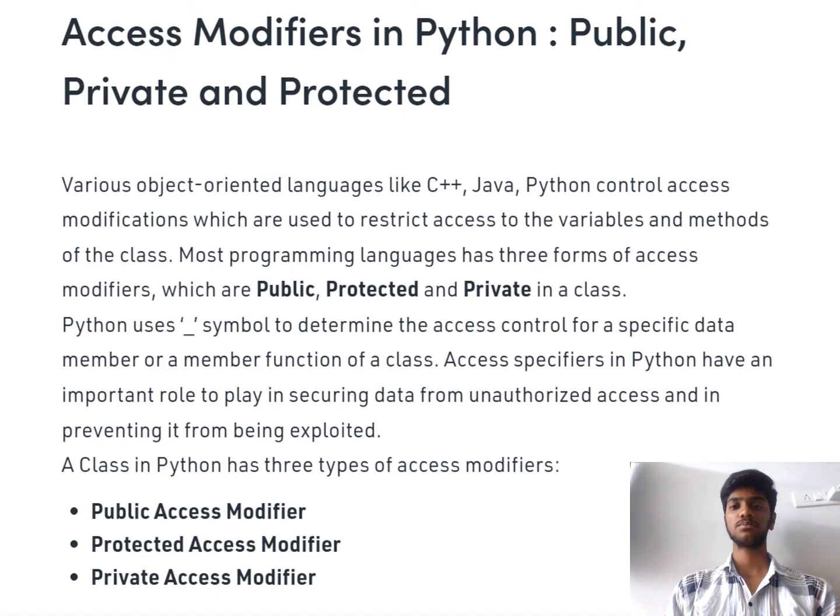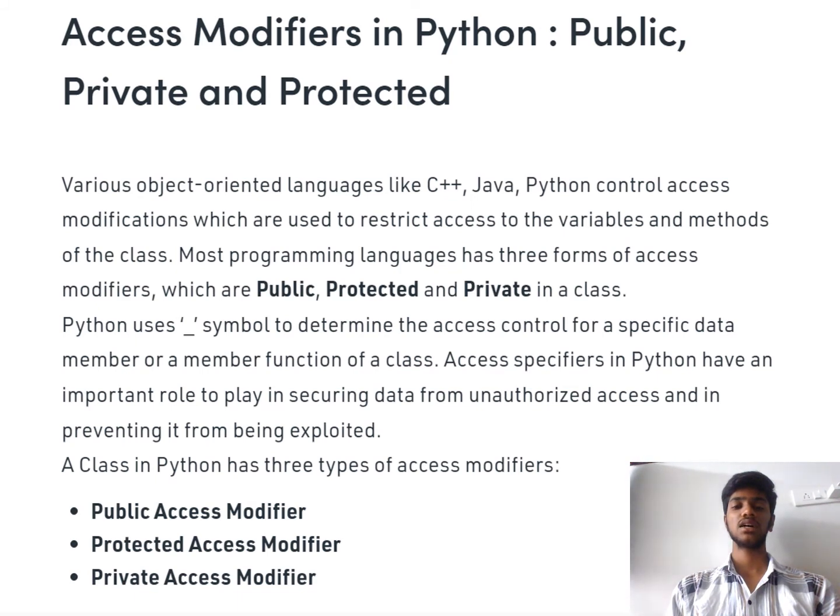Access modifiers in Python: public, private, and protected. Various object-oriented languages like C++, Java, Python control access modification, which is used to restrict access to variables and methods of the class. Most programming languages have three forms of access modifiers, which are public, protected, and private in a class.